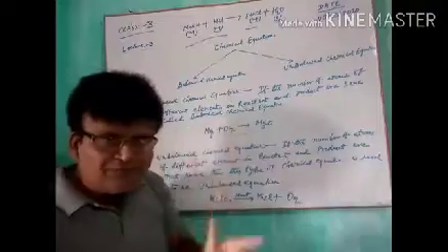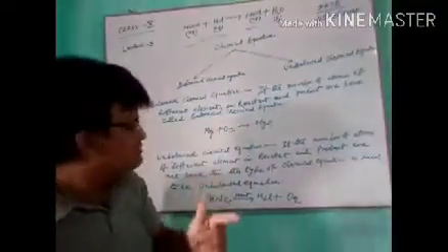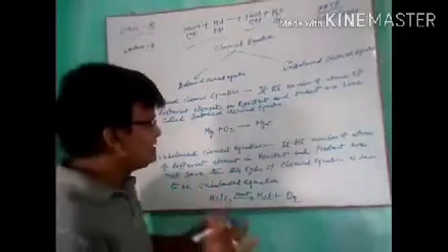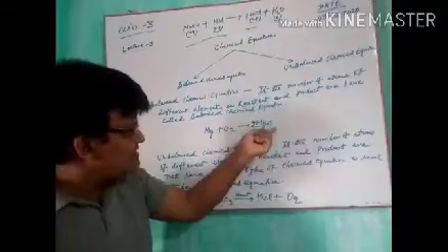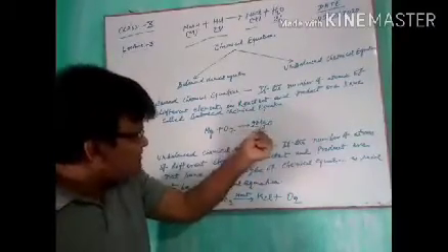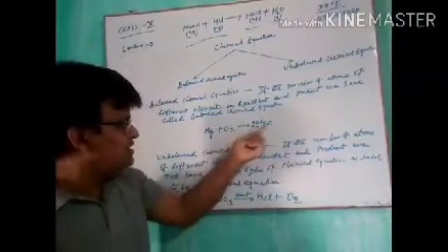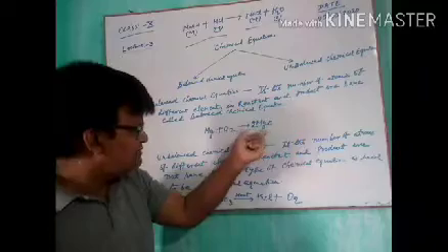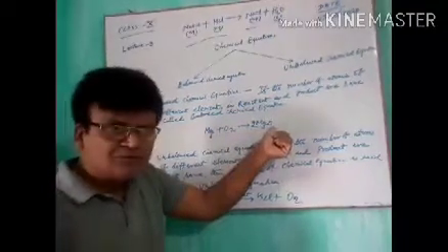So to equate the number of oxygen atoms in the reactant and product parts, we will multiply magnesium oxide by 2. After balancing the oxygen atoms, the magnesium atoms have become unbalanced. Now oxygen has become balanced: 2 atoms in the reactant part, 2 atoms in the product part.